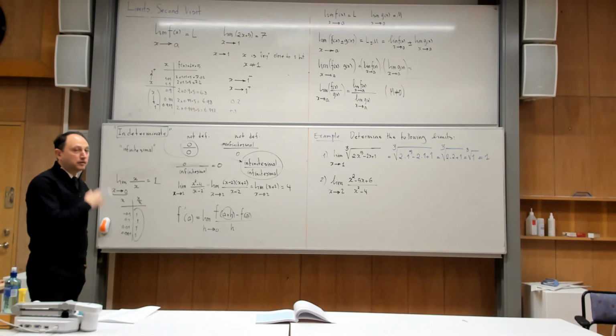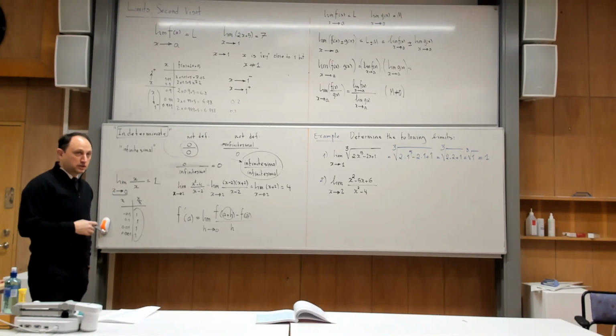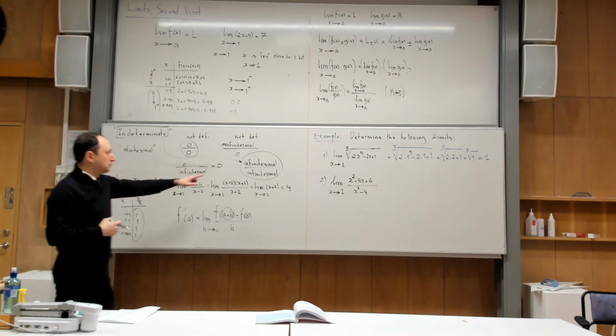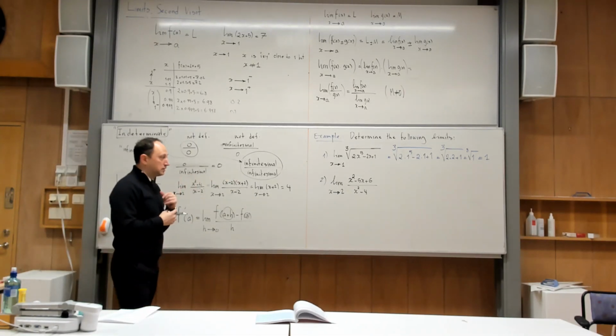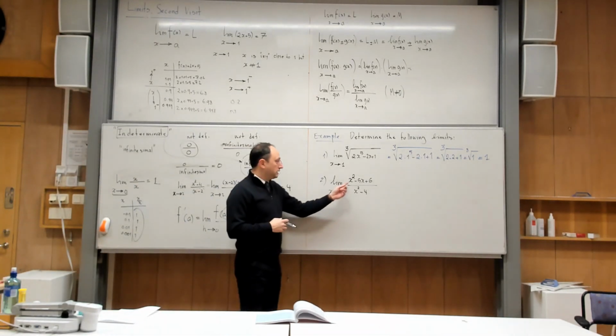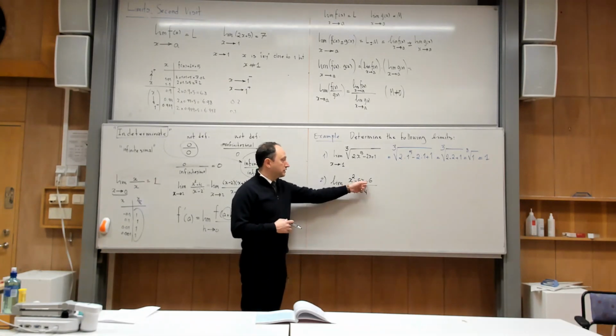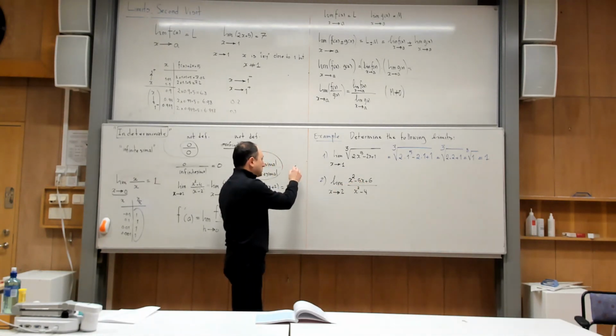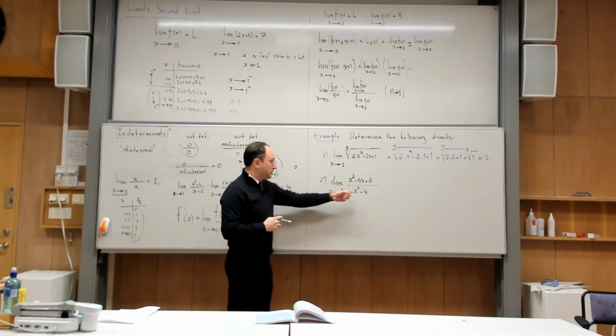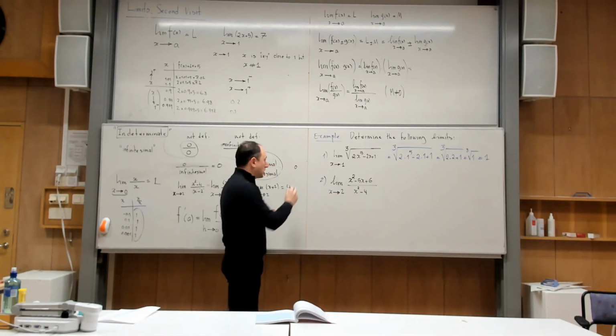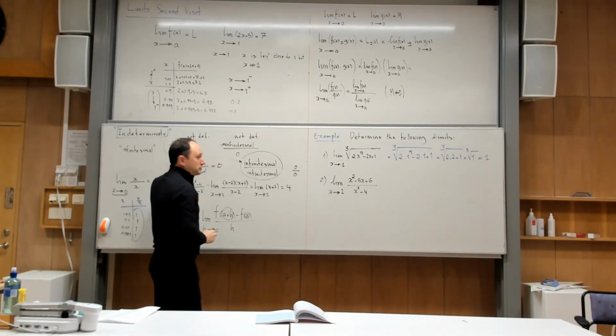So what type of limit is this? This is an indeterminate form of this type. Why is that? Because if you plug in 2, what happens for the numerator? It becomes 0. What happens for the denominator? It becomes 0. And that is exactly why people call 0 over 0 indeterminate.